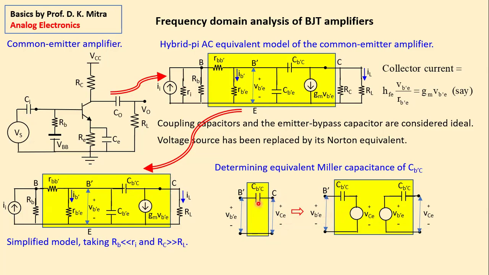The same VBE here on the left hand side, and on the right hand side there is a VCE and a capacitor. And there is a second part where on the left hand side is VBE and on the right hand side the same capacitor CB'C. So you agree that I have not done any magic here. This is the same thing we have split into two parts, right?